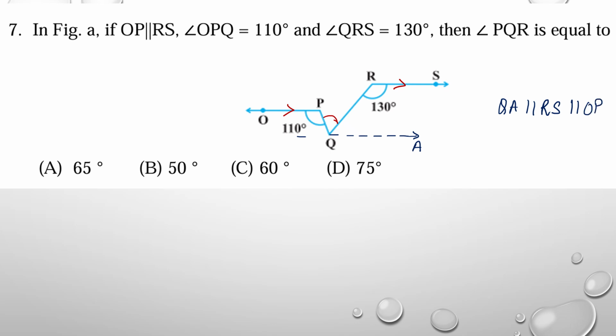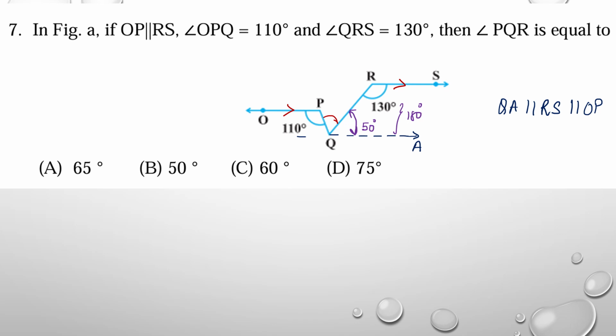Now RS parallel to OA, तो इससे क्या होगा? This angle R and angle Q inside वाले दोनों क्या फॉर्म कर रहे हैं? Co-interior angle. So this will be 50 degree. सम ऑफ को इंटीरियर एंगल, इन दोनों का सम 180 होना चाहिए.